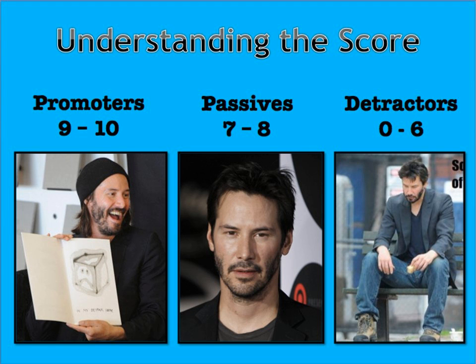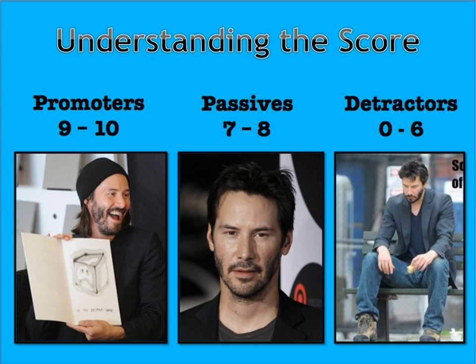Okay, so now let's try to understand the score. What does this mean between 0 and 10? We're going to enlist the help of our friend Keanu Reeves in determining what the types of NPS scores are. So you have 3 different types of consumers. Promoters are consumers who give you a score of between 9 and 10.